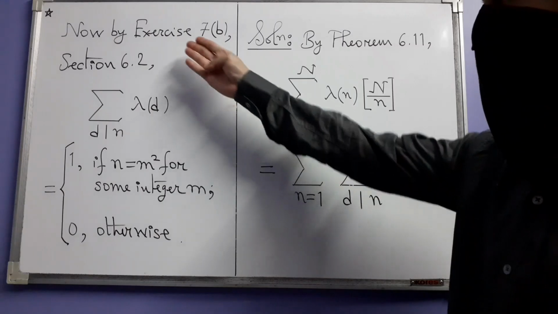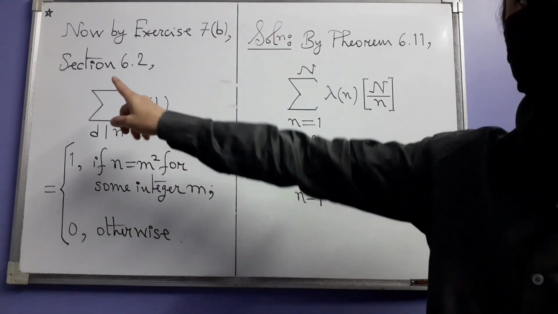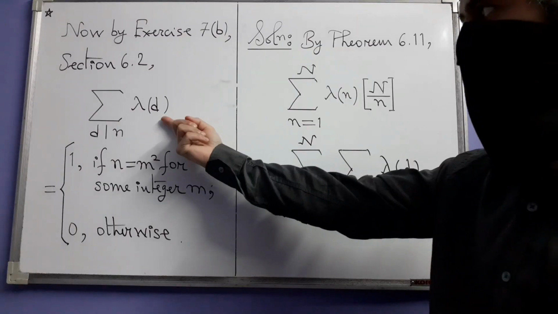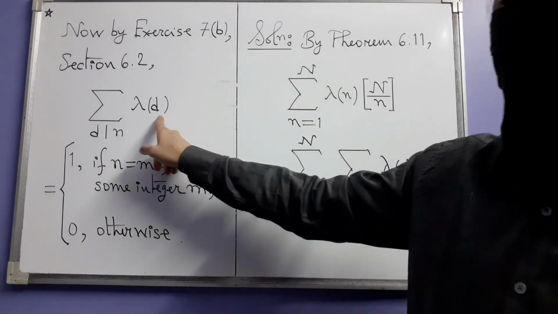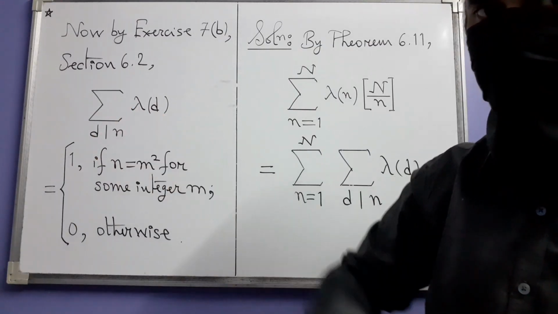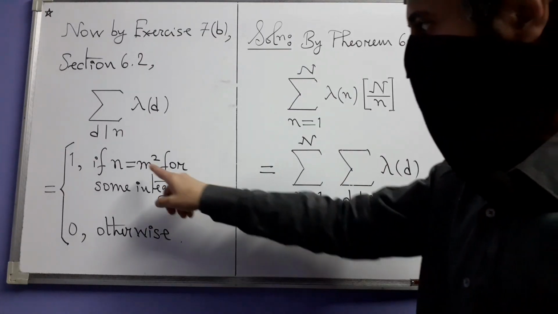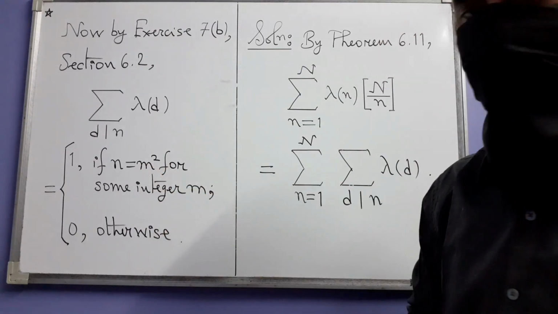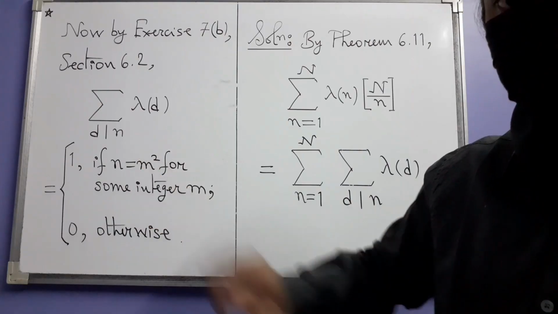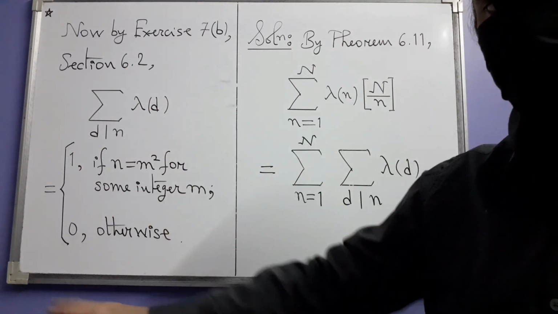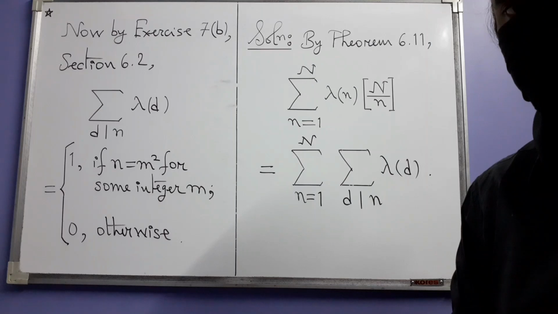Now by exercise 7 part B from section 6.2, we find that this inner sum, that is the summation of lambda of d as d varies over the positive divisors of n, equals this. If n is a perfect square, if n is the square of some integer, then this sum is 1, otherwise it's 0.